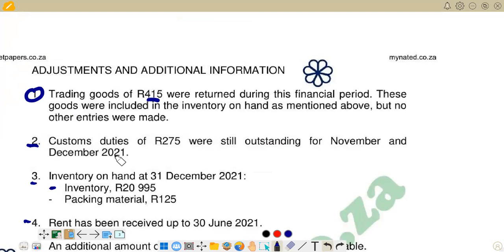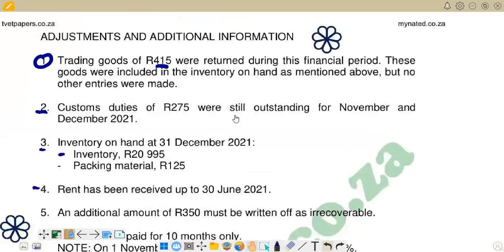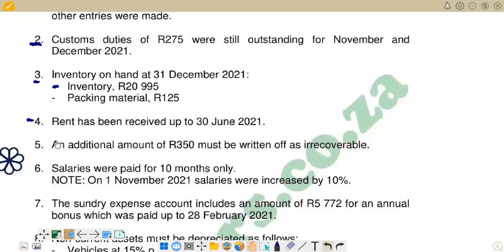We check which one. Check down there. We are on item 5, it says an additional amount of 350 must be written off as irrecoverable. So it's also part of credit losses. So we are supposed to say the 4,077 that we have in the list of balances, we add this 350 and we get the total for our credit losses. So we come here.